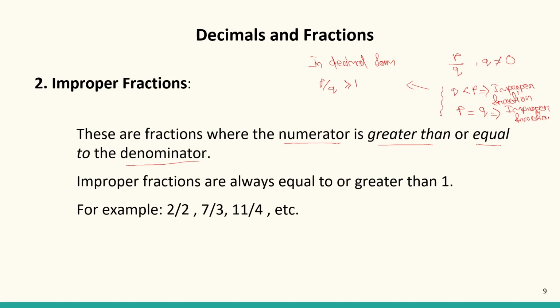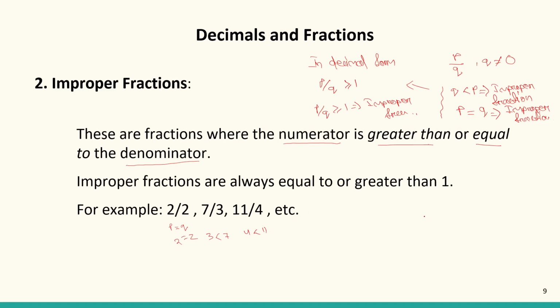These two cases imply this. So we can easily say that if in decimal form p by q is greater than or equal to 1, this is an improper fraction. There are several examples like 2 by 2, where p is equal to q, that is 2 is equal to 2, and then 7 by 3, 11 by 4.